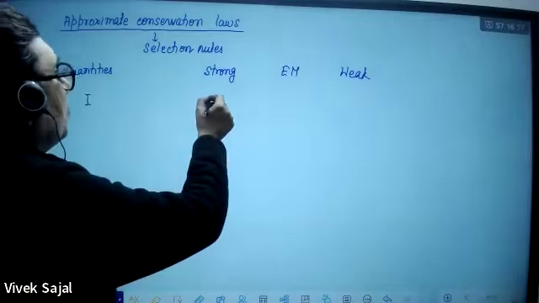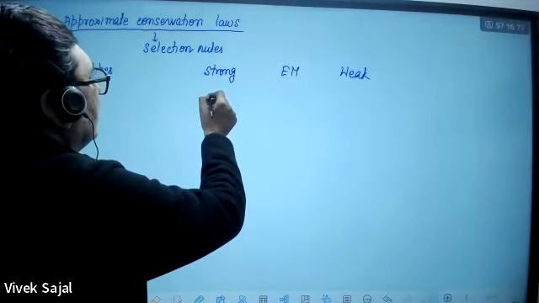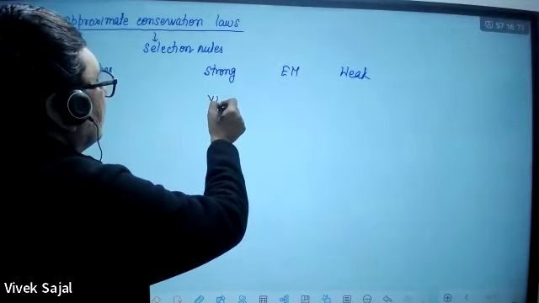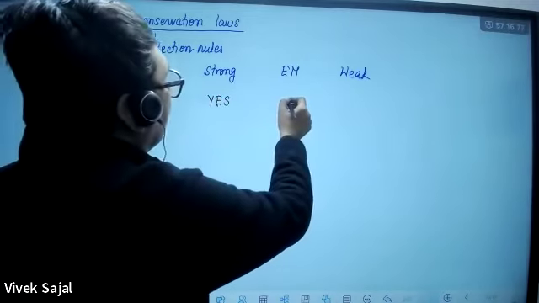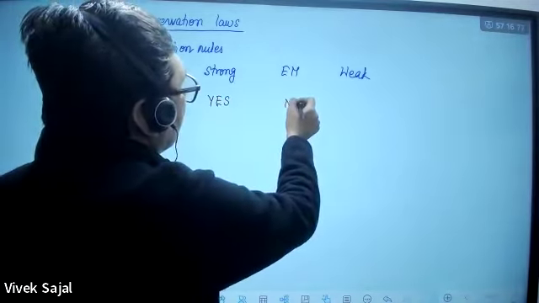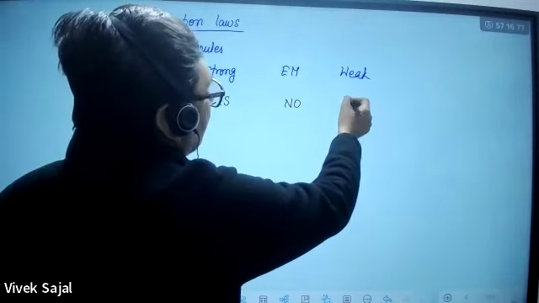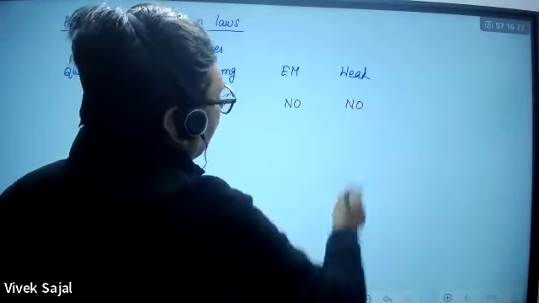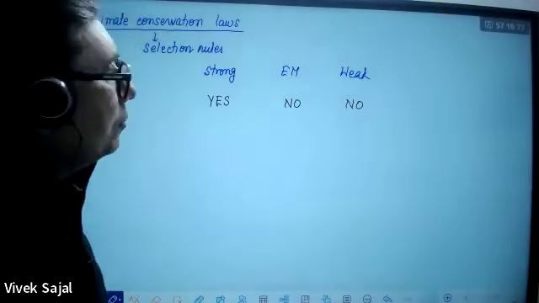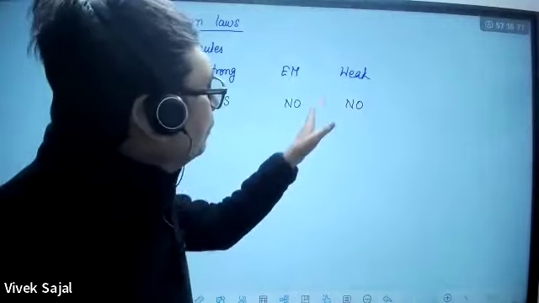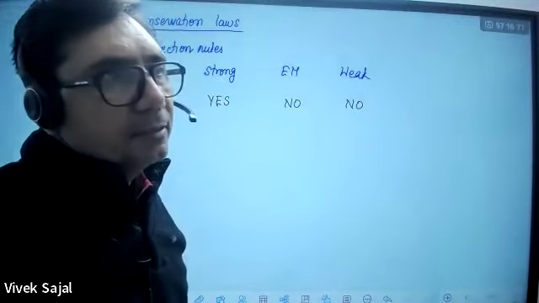Remember this, it is very important. In strong interaction, this is conserved, but in electromagnetic it is not, and in weak interaction it will not be followed. So isospin is not followed in electromagnetic and weak.